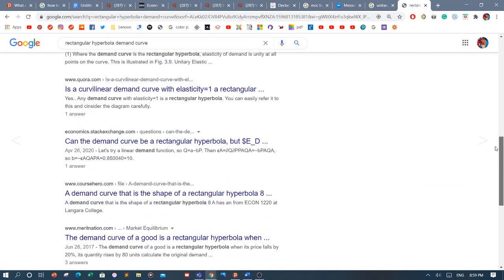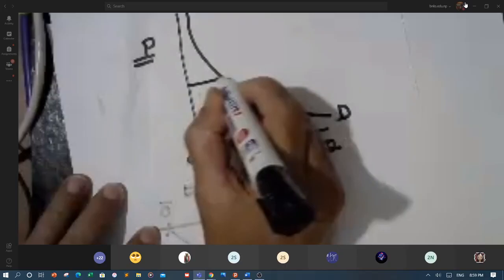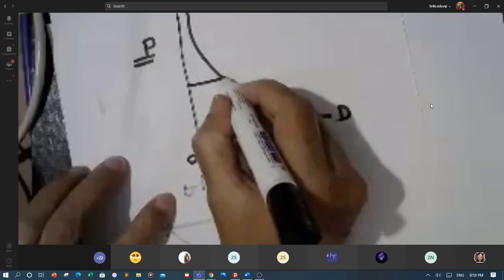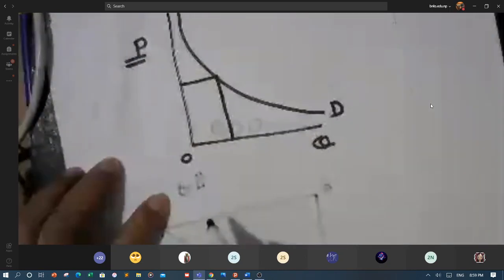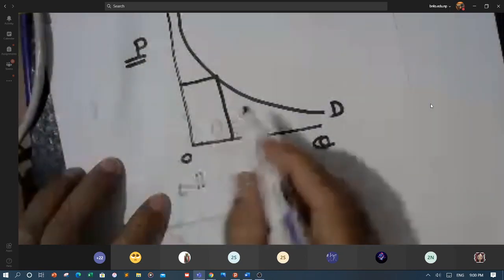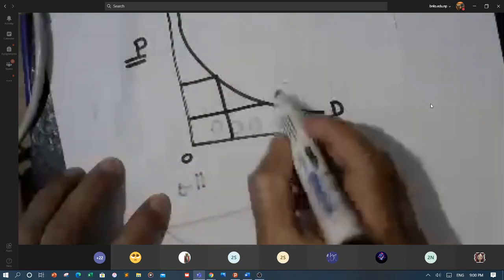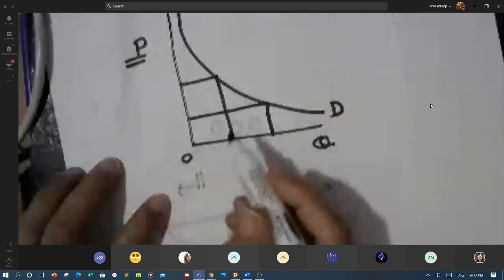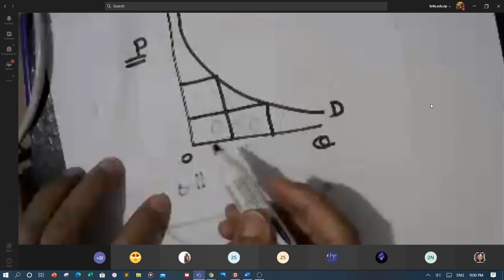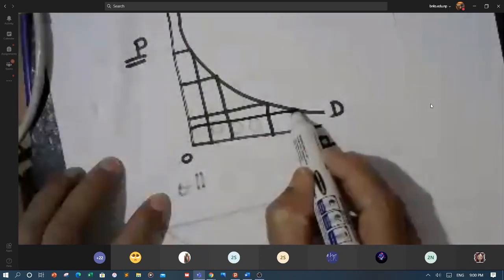You draw any point you choose and draw vertical and horizontal lines, like this. You check the area of the rectangle. All these rectangle values are equal.